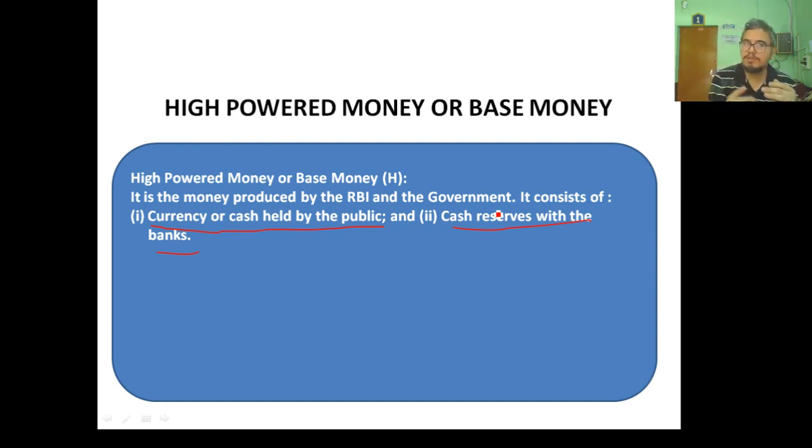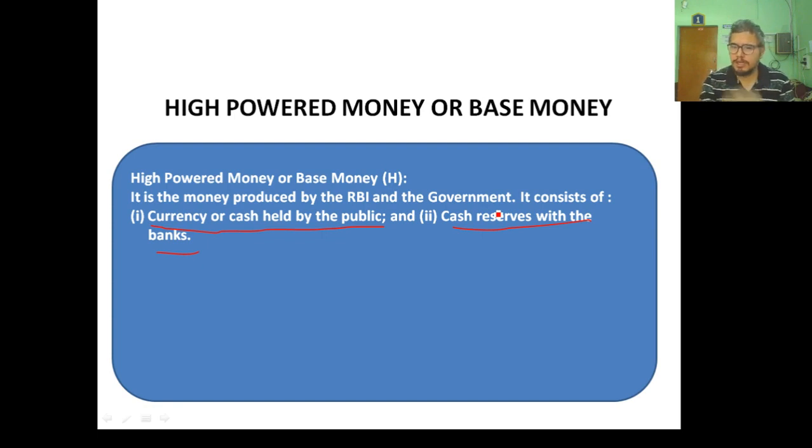They also have to maintain certain reserves with themselves so that they can give money to those who come for withdrawing their money. It is known as SLR, or statutory liquidity ratio.